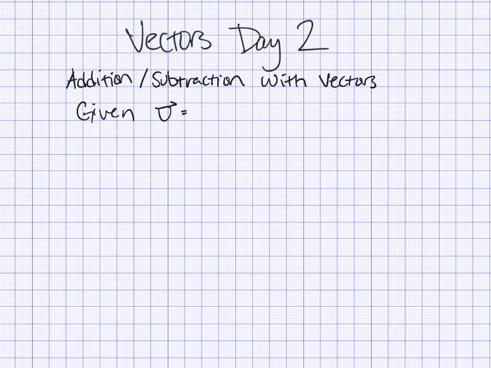Vector u is 5, 2, so this is already in standard position. And vector v is negative 1, 3. So on a graph, it's going to look something like this. Let's make sure I'm giving myself enough space. Never, ever is it a straight line.